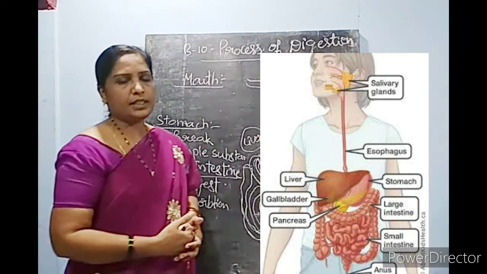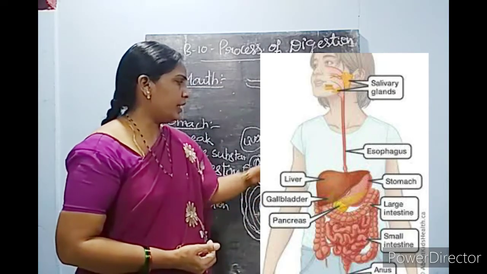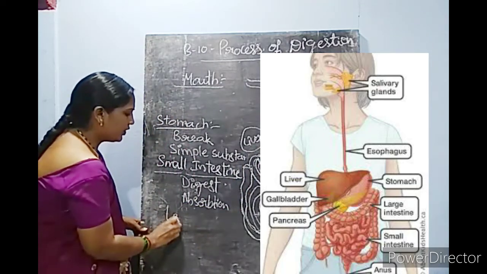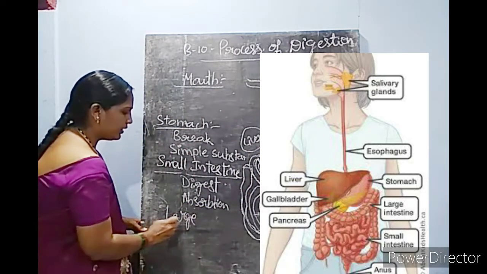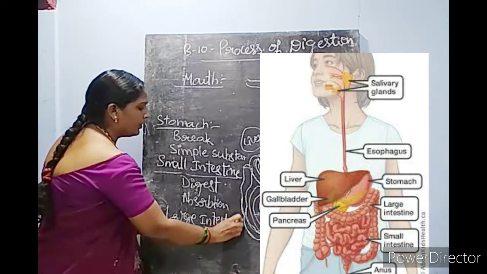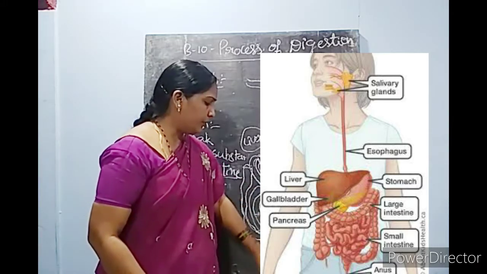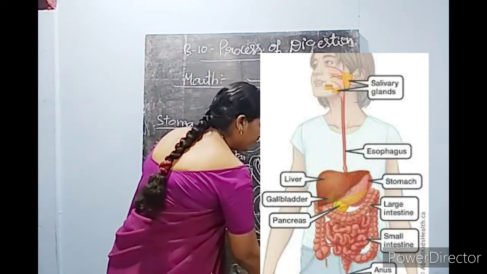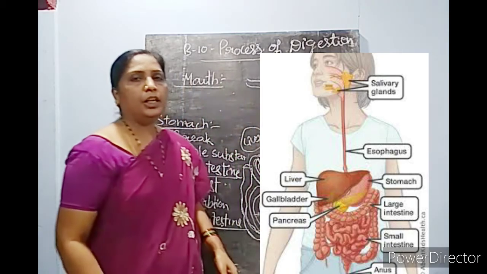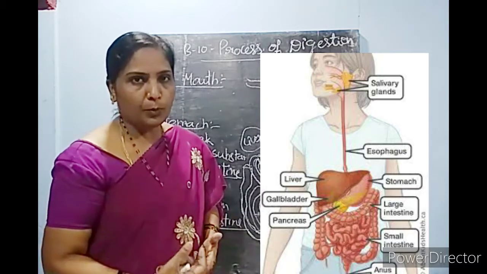The undigested food, which is not digested in the stomach and small intestine. The large intestine sends this undigested food into the rectum, and from the rectum it opens into the anus and is sent out from the body.